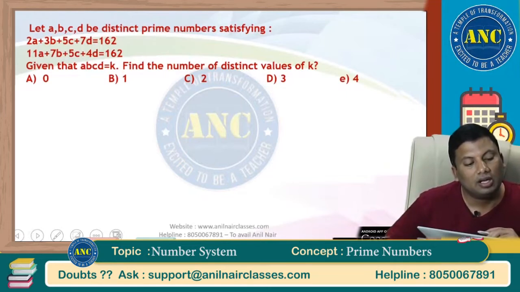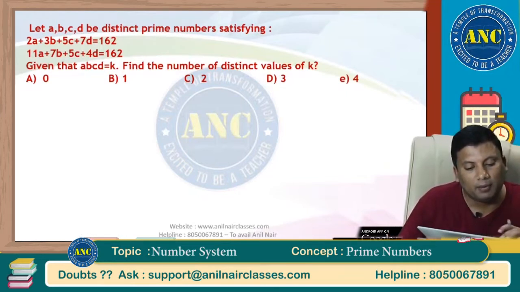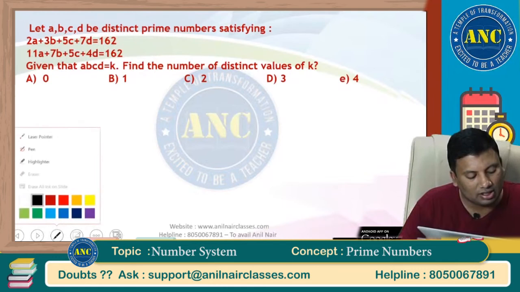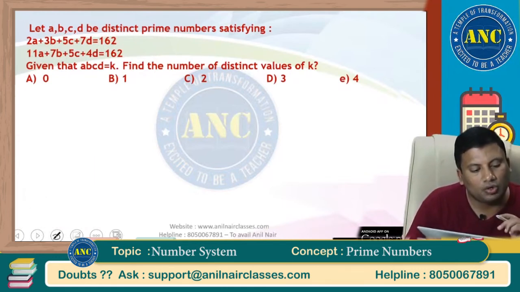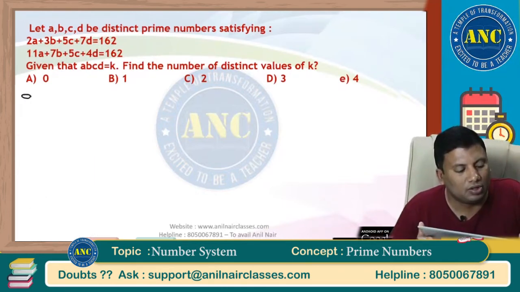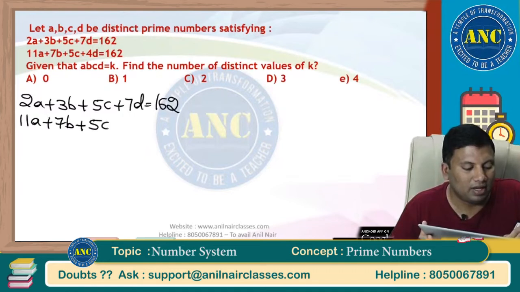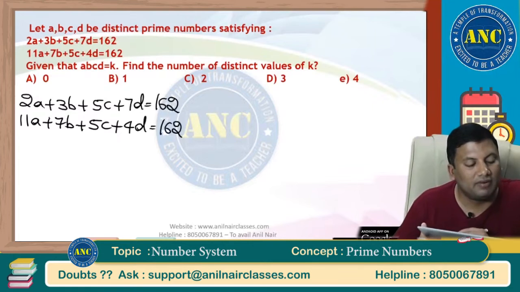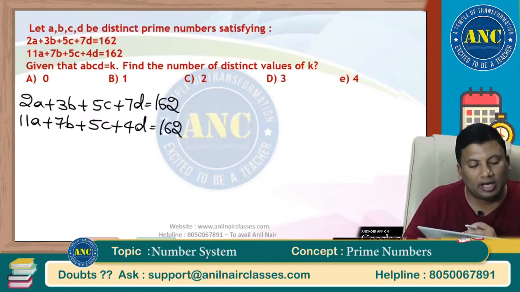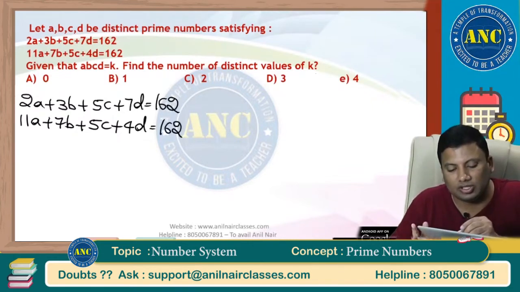Next one. Let A, B, C, D be distinct prime numbers such that 2A plus 3B plus 5C plus 7D is 162, and 11A plus 7B plus 5C plus 4D is also 162. Given that A into B into C into D is equivalent to K, how many distinct values will K take?